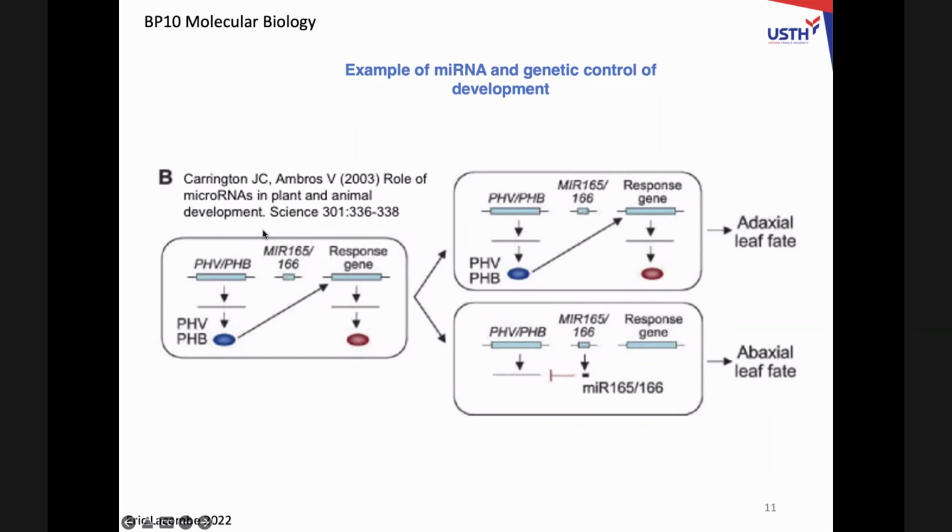So at the beginning, before differentiation, all the cells express the response genes. So they should all turn to be adaxial leaf fate.